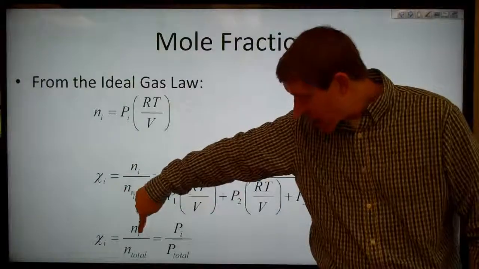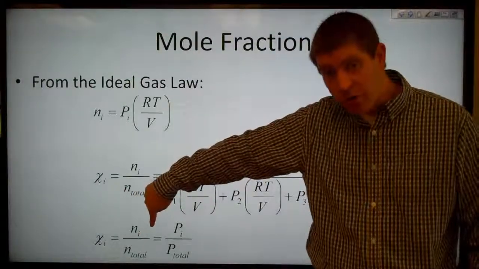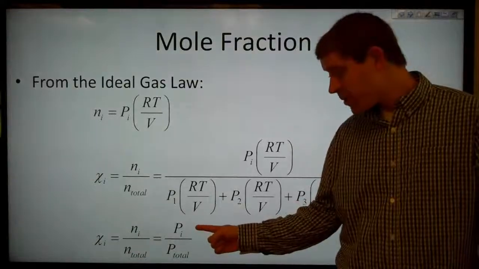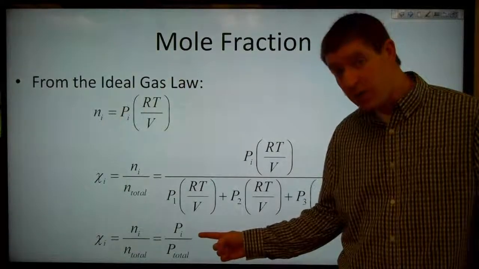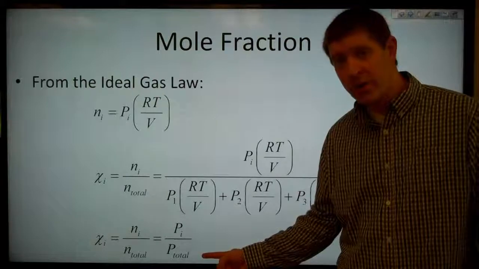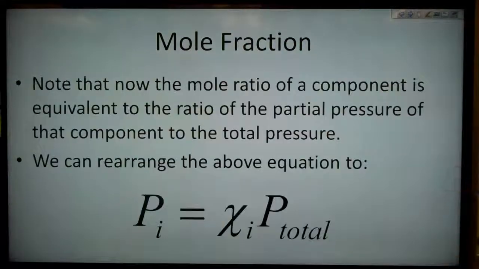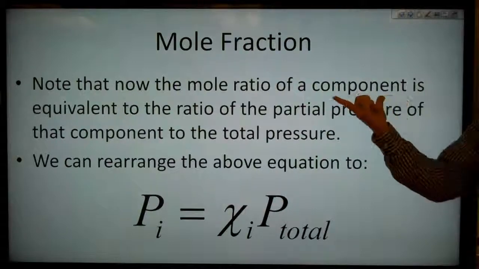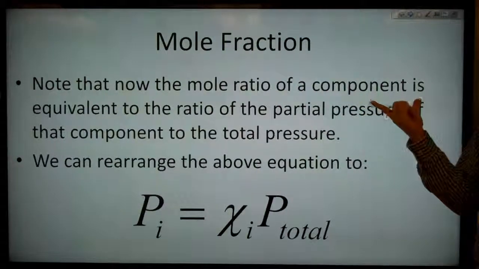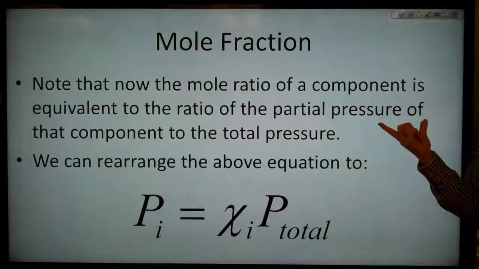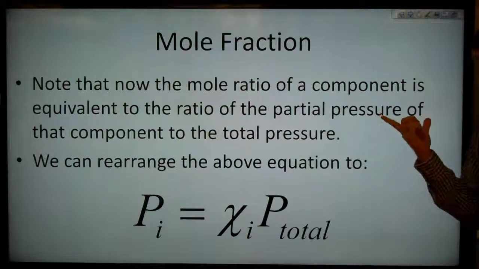Which means that the mole fraction is equal to the number of moles of the component that you're interested in divided by the total number of moles, but it's also equal to the partial pressure of that component divided by the total pressure of the whole system. So, note that now the mole fraction of a component is equivalent to the ratio of the partial pressure of that component to the total pressure.